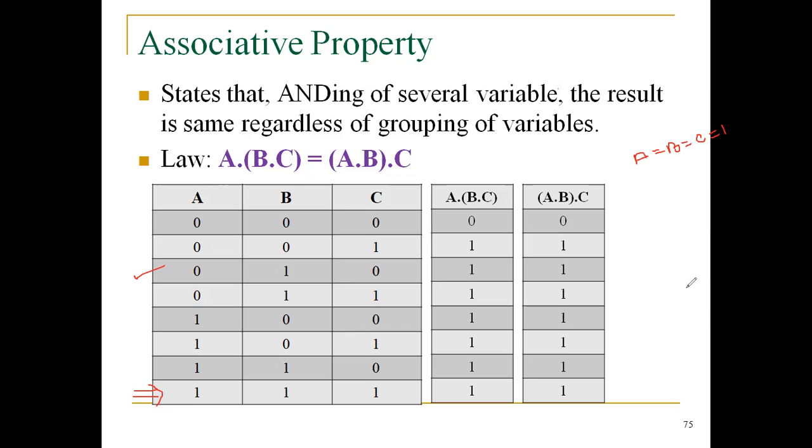Associative law by using the dot product: A dot (B dot C) equal to (A dot B) dot C. So accordingly, A equal to 1, 1 dot (1 dot 1).